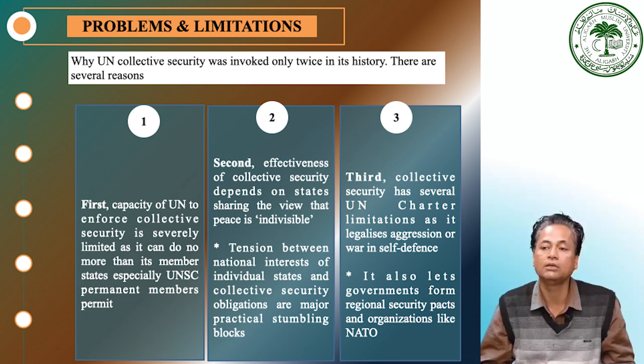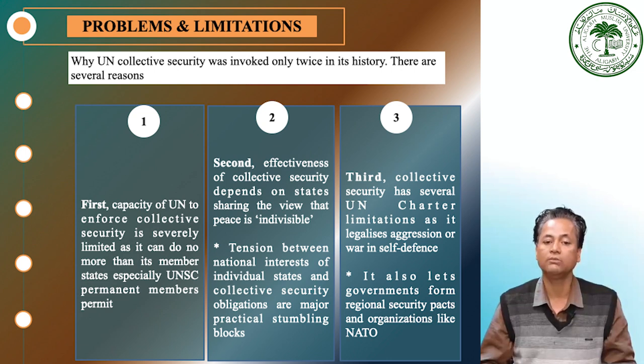So, if you look at the structure of the United Nations, it can only do that thing that is allowed by the members of the United Nations. So, it does not have its own personality, or it cannot do anything beyond that is acceptable to its members, particularly to the permanent members of the UN Security Council.